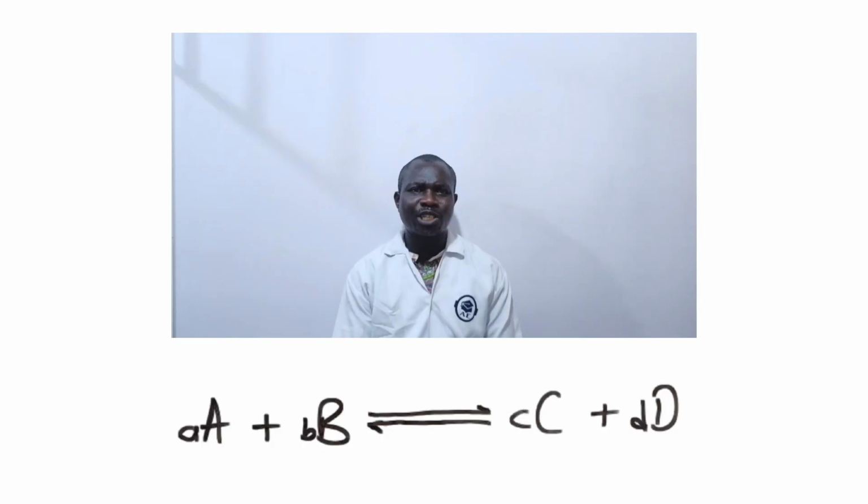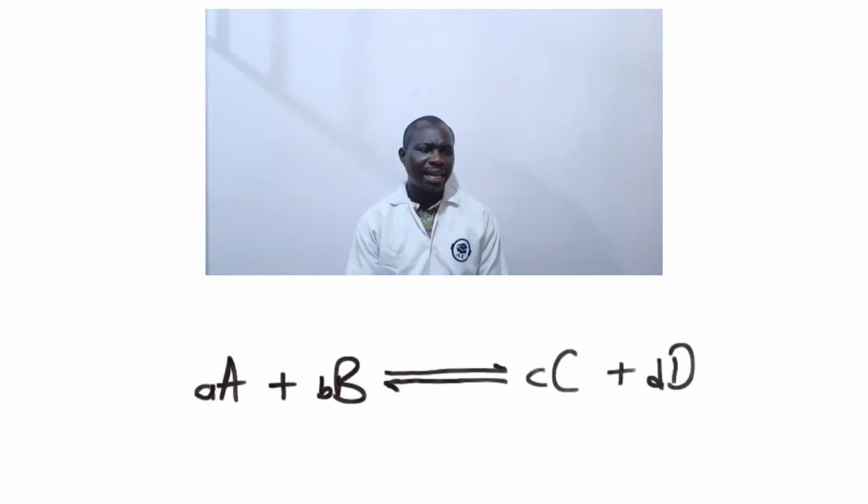The law of mass action enables us to write the equilibrium constant, as you can see on the board. aA plus bB, where small a and small b are the coefficients, plus cC plus dD, where small c and small d are the coefficients.